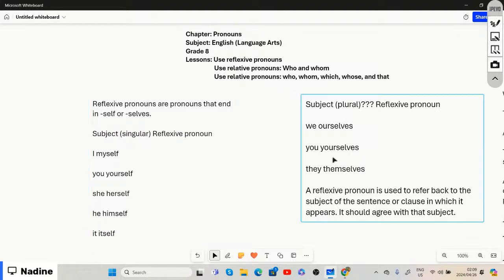And then we have our plural subject reflexive pronouns, right? And the plural ones, we can say, if I refer to we, then we say ourselves, you, yourselves, and they, which is themselves.